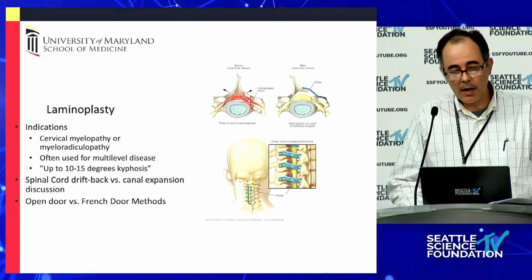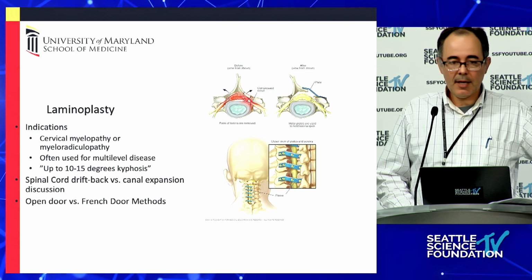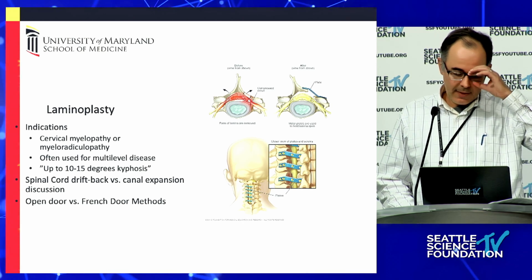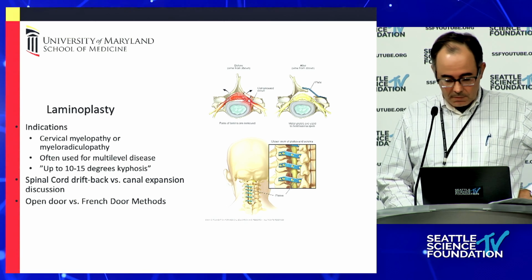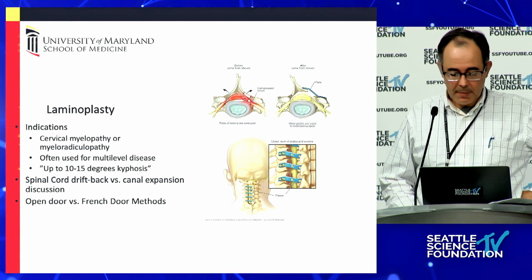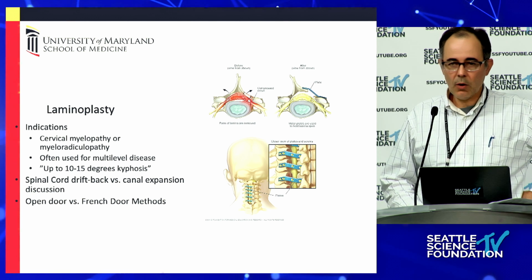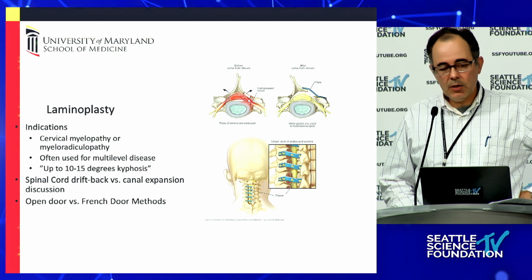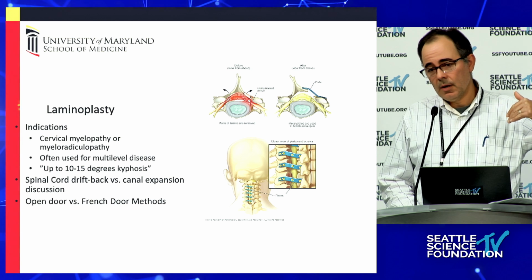Laminoplasty is an option. I've even found patients who have some degree of radiculopathy may still benefit from laminoplasty if they have both radiculopathy and myelopathy. Even if you don't do foraminotomies, often the radiculopathy goes away. I look at laminoplasty as a tool to address multi-level disease.